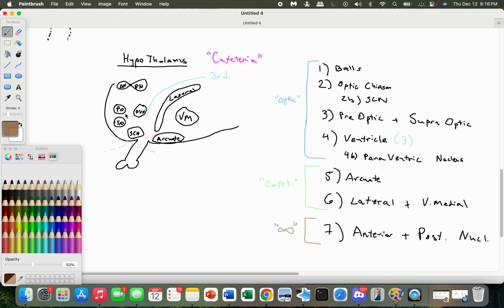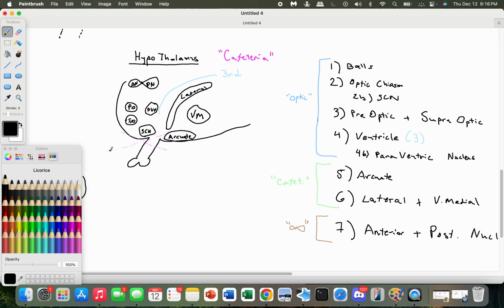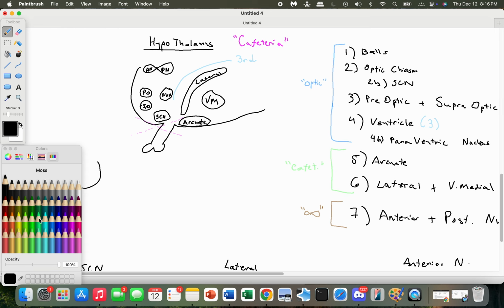I'm going to tell you right now, this drawing, again, is not anatomically accurate, but is very, very helpful for remembering the functions. Okay, so if our SCN, or suprachiasmatic nucleus, is right above the optic chiasm, and the optic chiasm takes in the optic nerves, because optic nerves are up here and the tract's going to be back here, then where do you think this information is coming from?